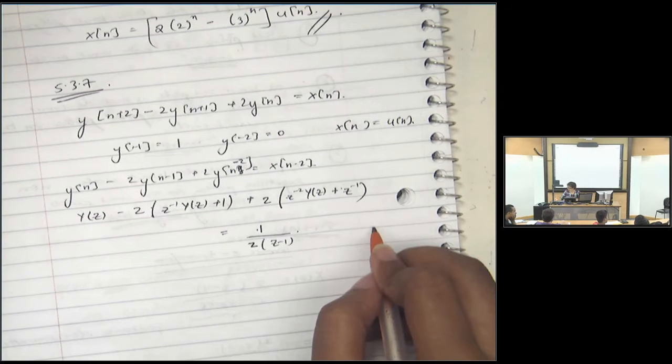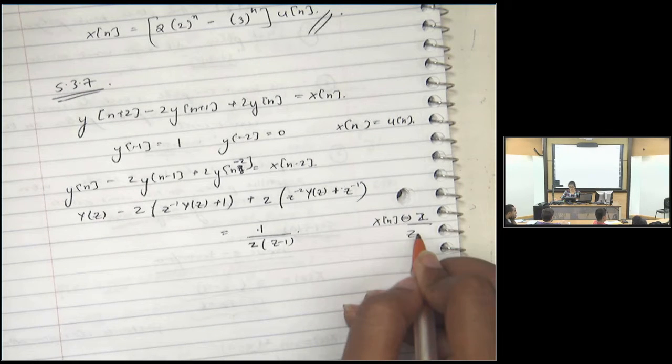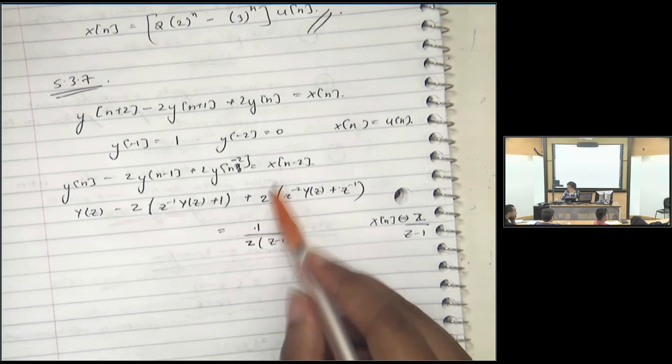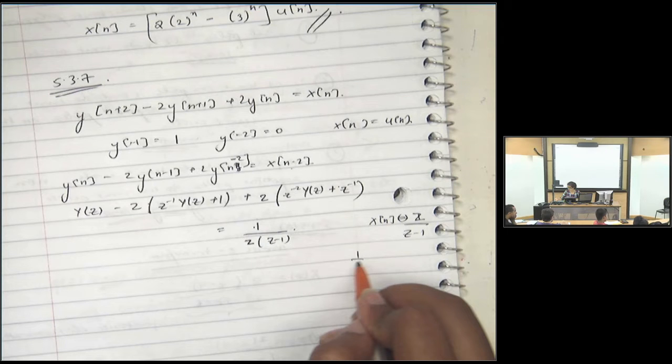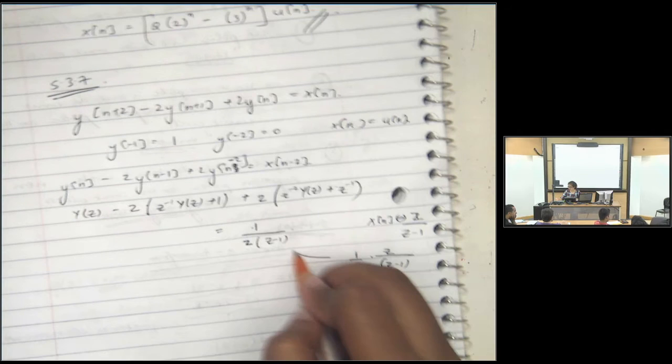Why? Because x of n has a Z transform of Z over Z minus 1, correct? But here we are delaying it by 2, so this is divided by Z square. So you have 1 over Z square multiplied with Z over Z minus 1. And that's how you get this.